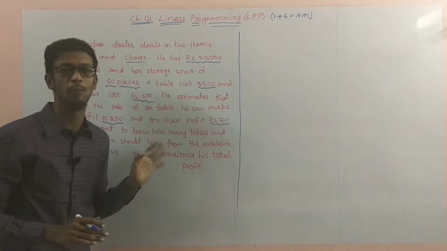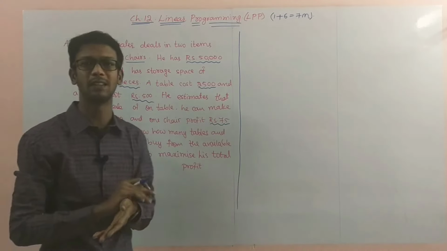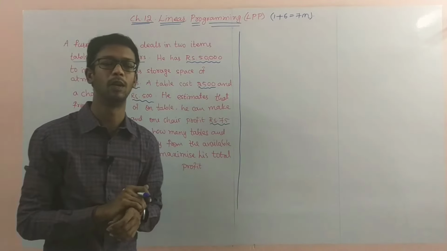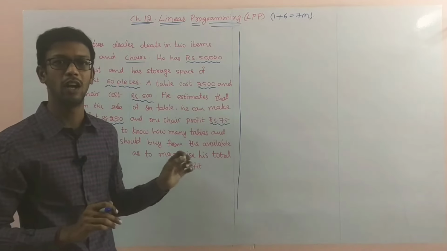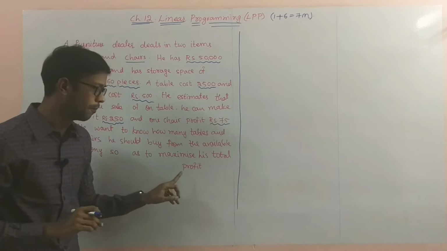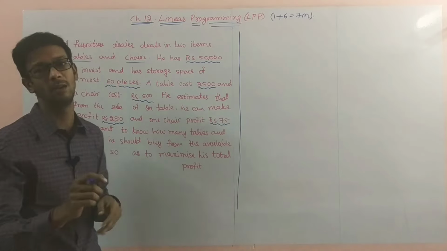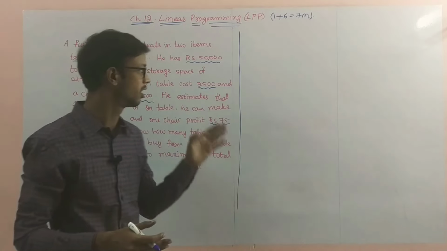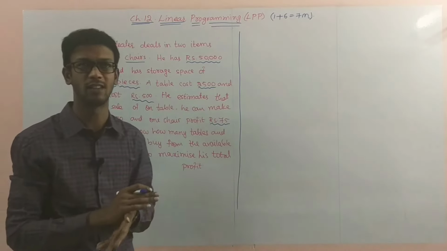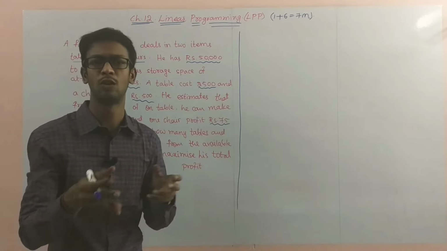This type of problem is called an optimization problem. A problem which seeks to maximize or minimize. This problem asks for maximum profit; in some places you will get that cost should be minimum.